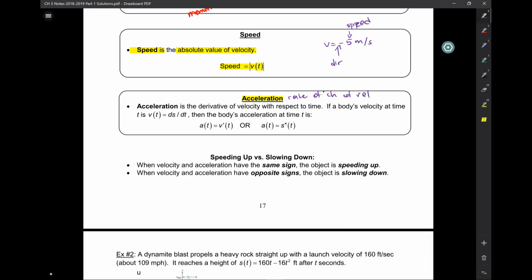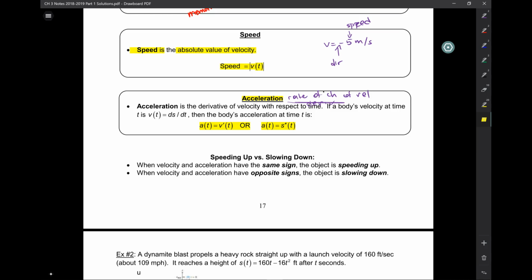Derivative. So it's the derivative of velocity. All right? So acceleration is v prime of t. But how did we get v of t? We took a derivative of s. So it's s prime of t. So you have your position. You take a derivative, you find velocity. You take a derivative of that, you find acceleration.